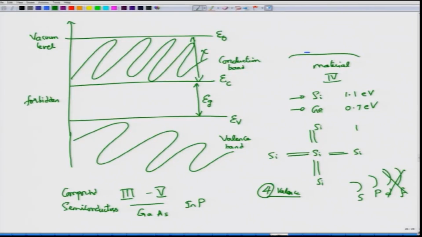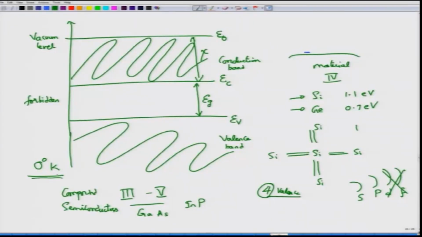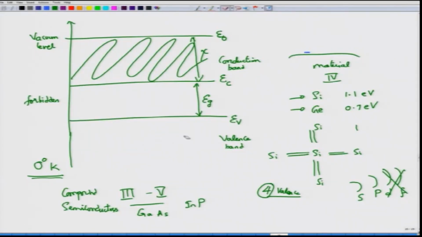So, you have these electrons at 0 degree Kelvin completely located in the valence band. When you apply an electric field, the conduction band is completely empty, therefore, there is no current. So, at 0 degree Kelvin there is absolutely no conduction possible in a semiconductor material. In that respect, it actually looks more like an insulator. In fact, it is an insulator.